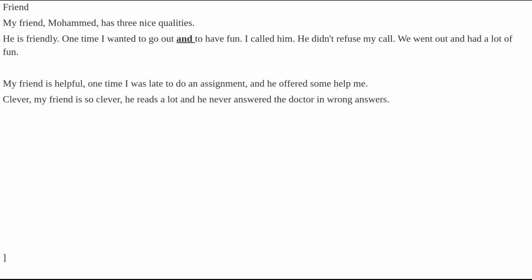Okay, for those who had already taken writing one, maybe they will say that this is a silly paragraph because it is silly, actually. It is a really simple paragraph, and it doesn't have any conjunctions, it doesn't have any connectors.